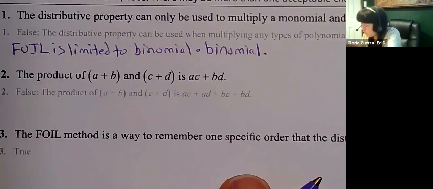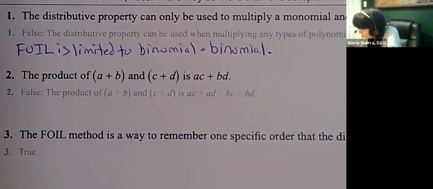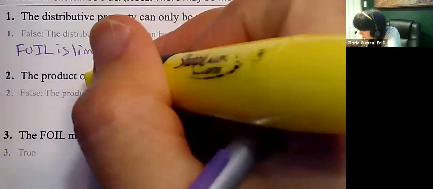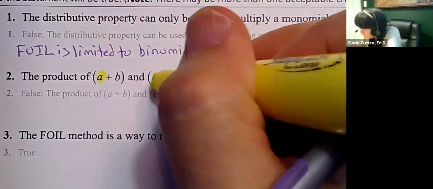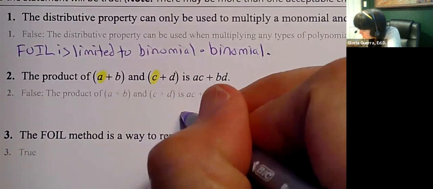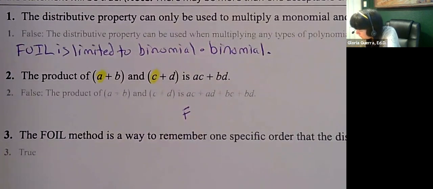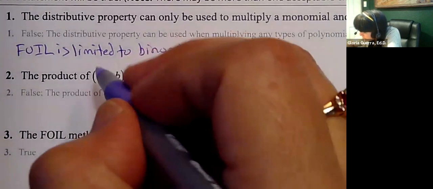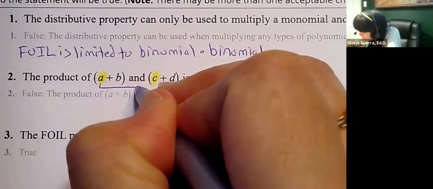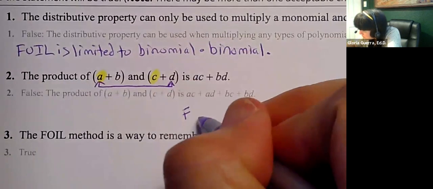So they're getting that from this A times C. They're doing this A times C. So that's like your F, the first. And then plus A times D. So that's this A times D. So that's outer.